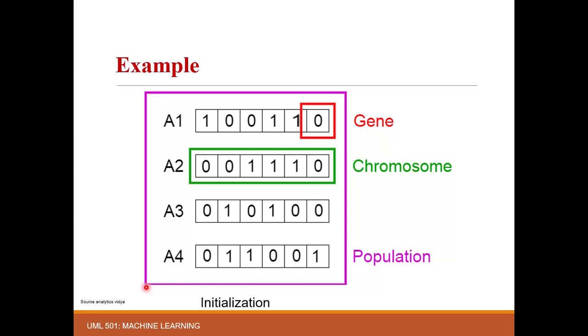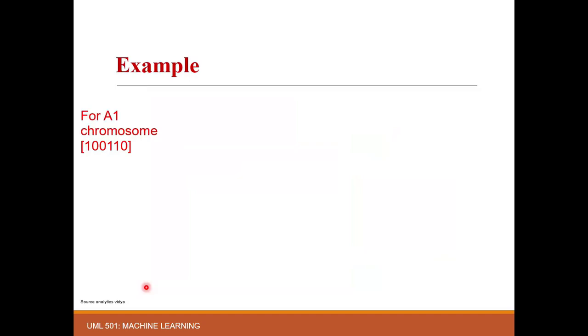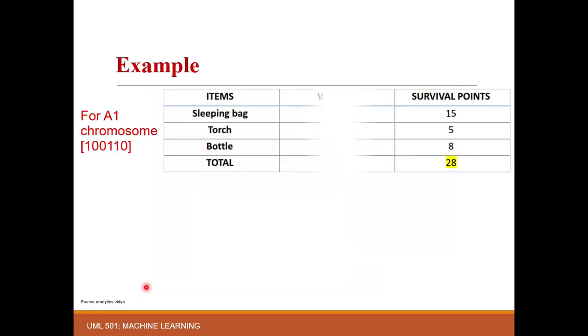Okay, now the next step. Let me explain again how to calculate the fitness value for a chromosome. Let's suppose my chromosome is 10110. Now how do I calculate the fitness value, or the total of survival points?